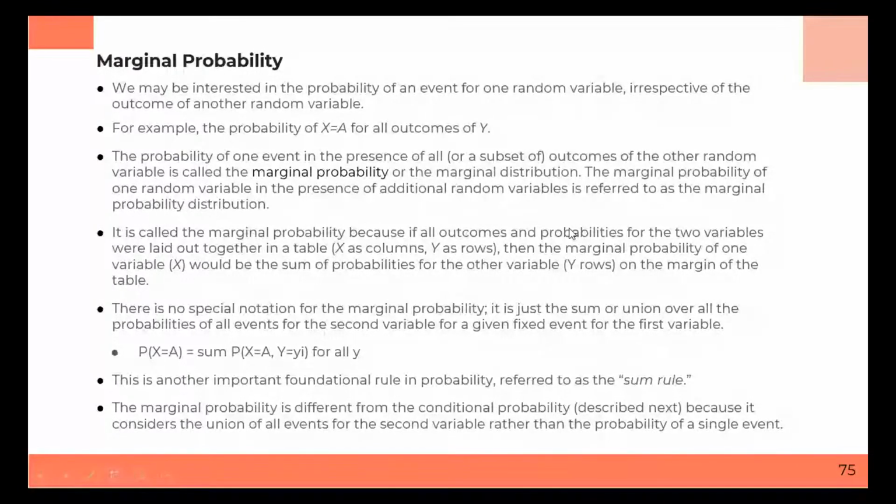Further, it is called marginal probability because if all outcomes and probabilities for two variables were laid out together in a table, with x as the columns and y as the rows, the marginal probability of one variable, that is x, would be the sum of the probabilities of the other variable, that is y, over the rows on the margin of the table.